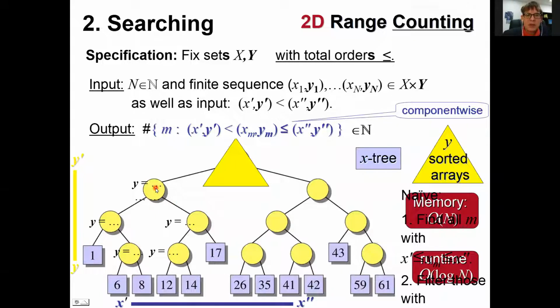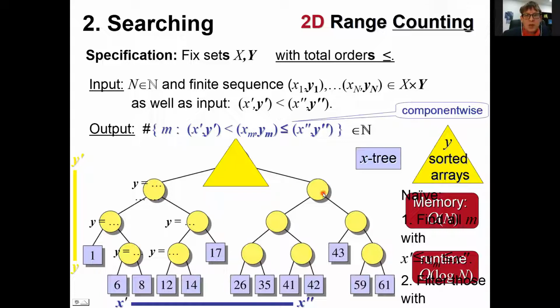So we really have redundancy in terms of memory, but the redundancy is bounded because these two arrays are disjoint. This one contains all the elements in this subtree, this contains all the elements in this subtree, and that's it, right? So that means the number of elements stored in each level is linear.